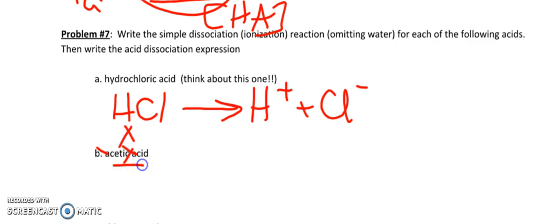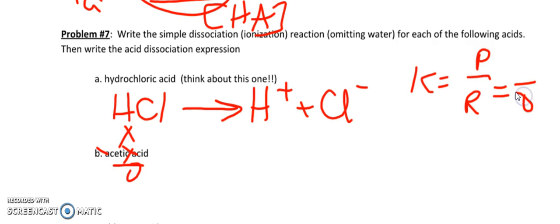We're going to use it all up and be 0. So what would this be? So K would be your products over reactants. And what if your reactants ends up at, quote, equilibrium, 0? Well, what's K going to be? It's infinity, isn't it? So you don't have a K dissociation expression because K is infinity.